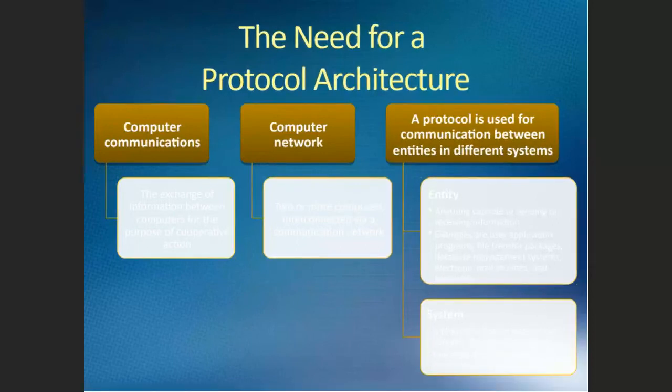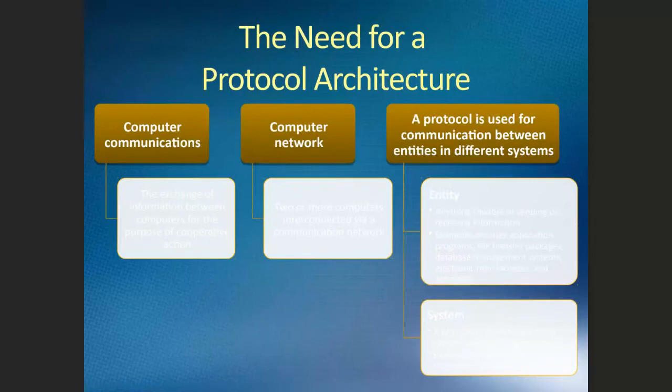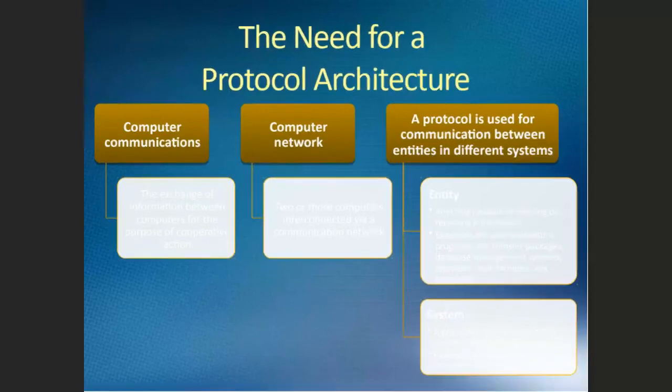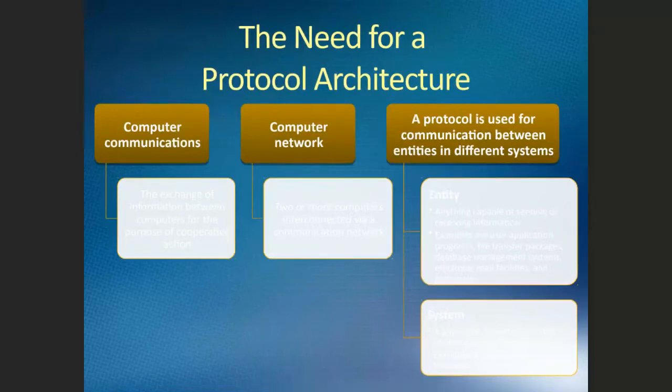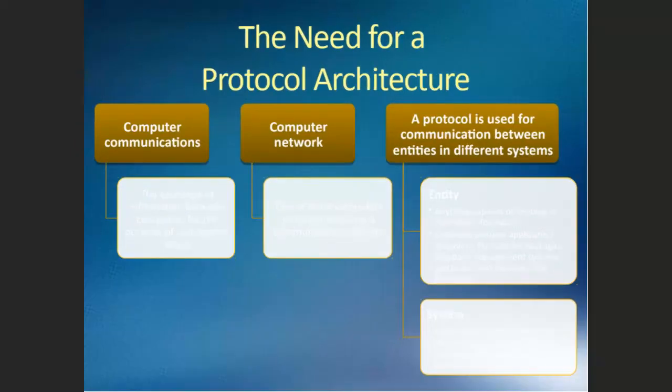Then we have semantics, meaning the control information for coordination and for error handling. This is the meaning of semantics. We have the timing, which includes speed matching and sequencing. So the protocol has these 3 elements. Any protocol should have these 3 elements.